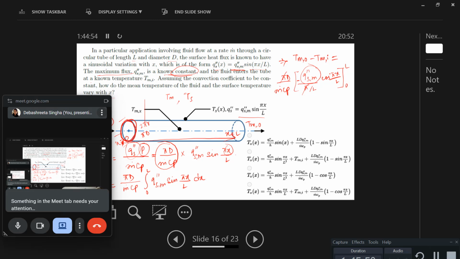We need to find the variation of Tm with x. Instead of taking the whole length, we can take some value x in the middle, and the temperature there is the mean temperature Tm.